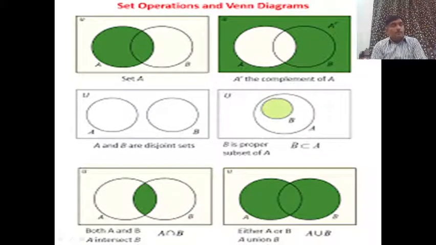And the set of all x such that x belongs to A and x belongs to B is A intersection B. And also complement: here we have set A and set B. You can see this is the universal set, and this is A. Other than A, that is X minus A, is known as the complement of A. I already mentioned the proper subset of A. B is contained in A. B is the proper subset, less than the whole set. And this is A intersection B. It is A union B.